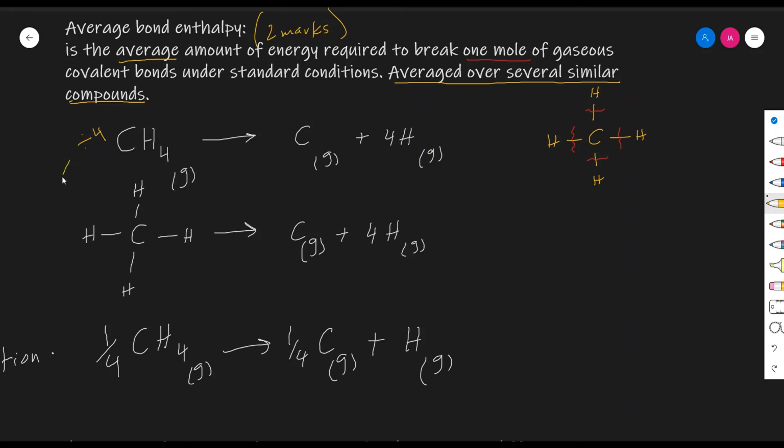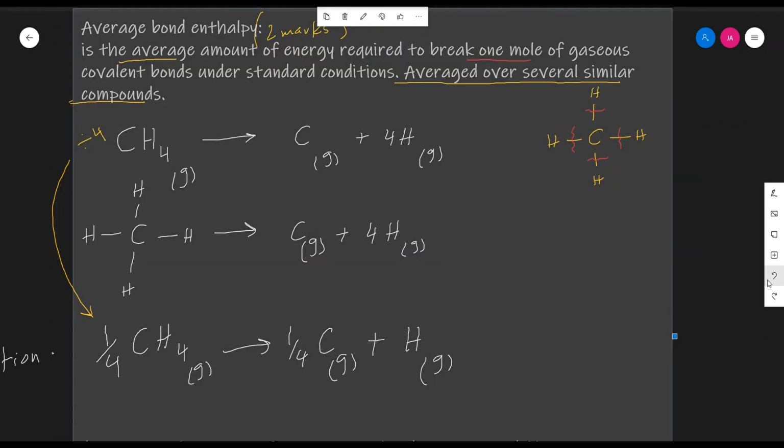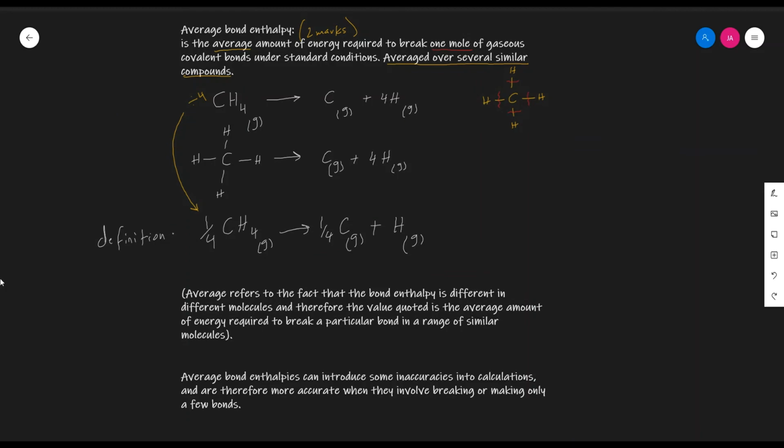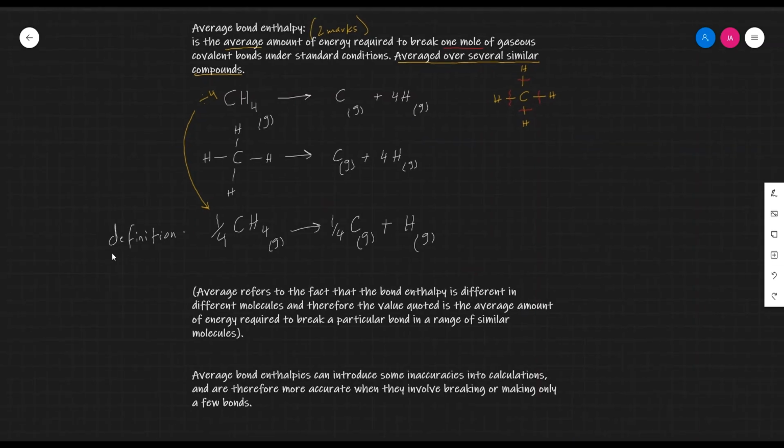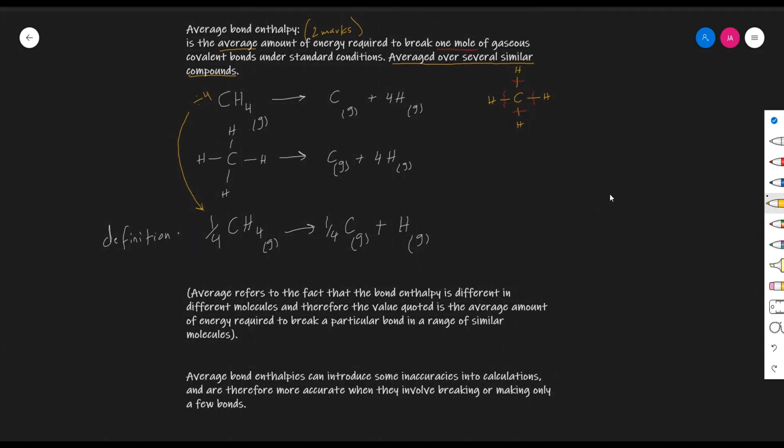It becomes 1/4 of a CH4 molecule in the gaseous state producing 1/4 of a gaseous carbon atom plus 1 gaseous hydrogen atom. This represents the definition of average bond enthalpy as stated here. Thus, it's averaged over 4 in this case to produce 1 mole of C-H bonds.